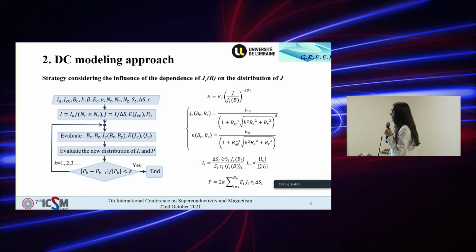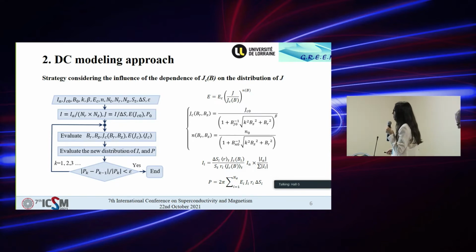The strategy considering the influence of the Jc of B dependency on the distribution of the current density is given by this flow chart. After the initialization of the parameters, we consider a uniform distribution of the current inside the tape, and we evaluate the components of the magnetic field, and then we re-evaluate the critical current density Jc of B using these equations, and the critical current gives the new distribution of the current inside the elementary section delta S using the developed expression.